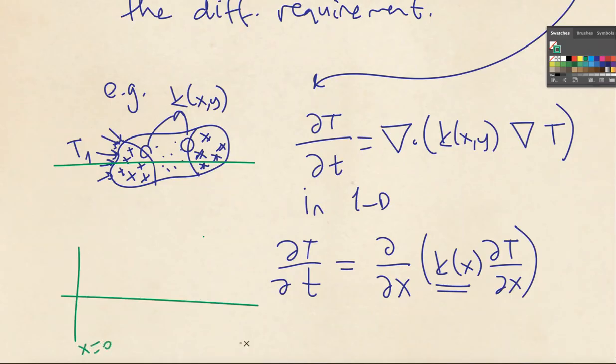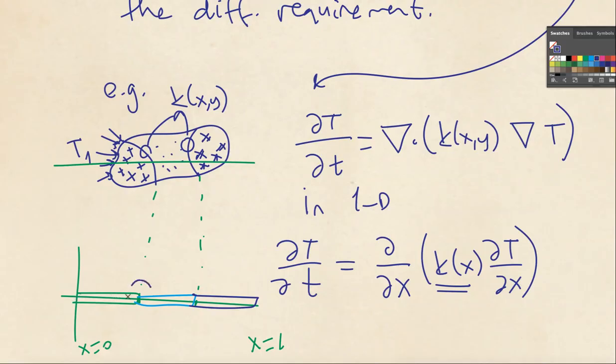This is x equals 0, this is x equals L. This part is one region, another part is a different region, so this is one material, another material, and maybe another one here, a combination of three kinds of materials, like plastic or whatever. I'm looking for the conduction of heat from left to right.